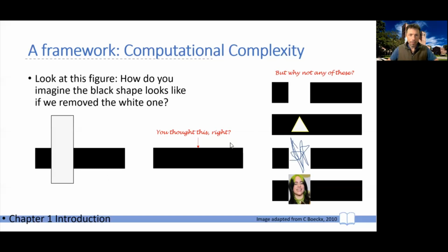This one. The reason is that this is particularly reasonable and particularly plausible in the environment and world we live in. This is also known as the principle of good continuation. We're going to discuss this a couple lectures from now.